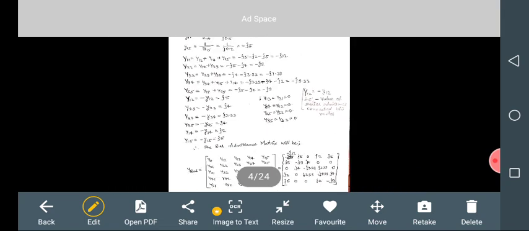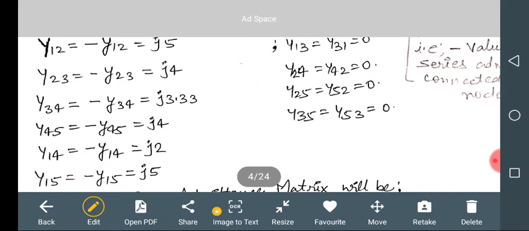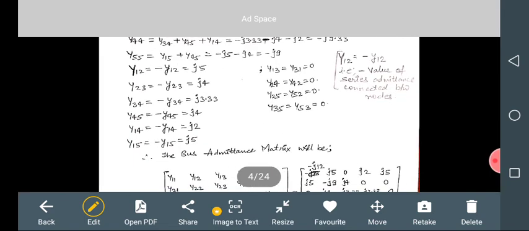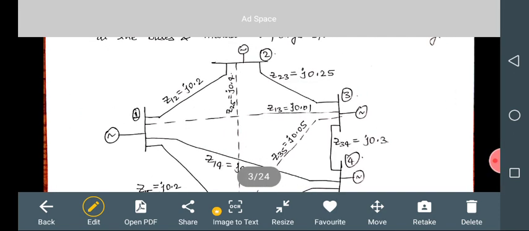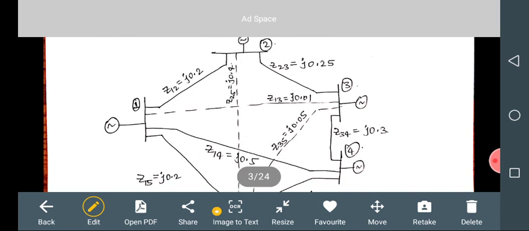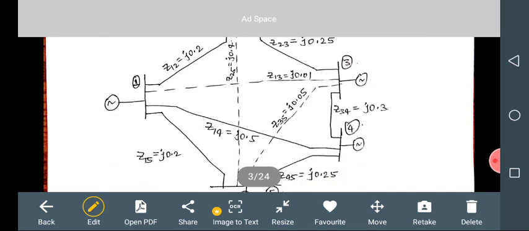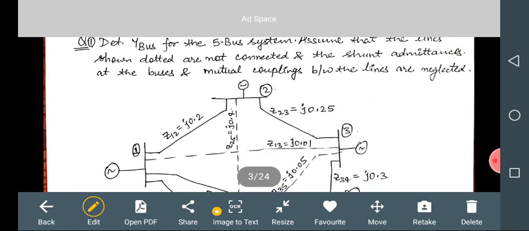Similarly, there is no direct connection between bus number 2 and 4, bus number 5 and 2, bus number 3 and 5. Bus number 2 and 4 is not directly connected. Bus number 3 and 5 is not directly connected, it is connected by a dotted line, which we must avoid considering the question statement.